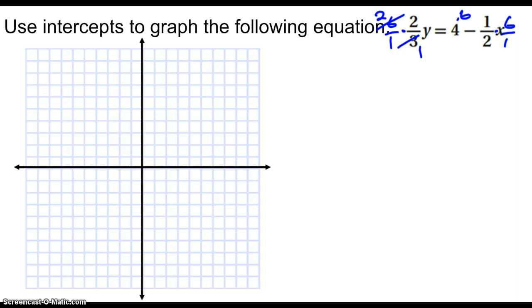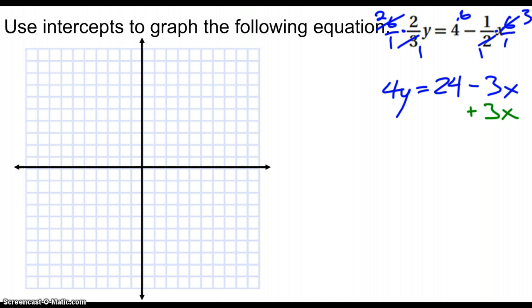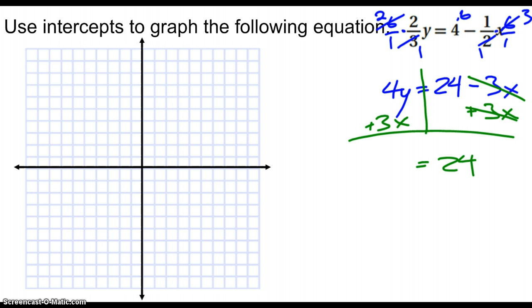So 2 times 2, 4y equals 4 times 6, which is 24, and then minus, divide everything by 2 here, minus 3x. And then to put it into standard form, I'm going to add 3x to both sides. And we're left with 24 equals 3x plus 4y.